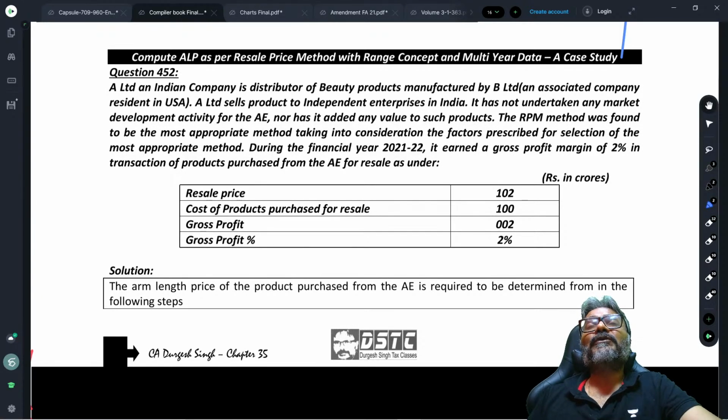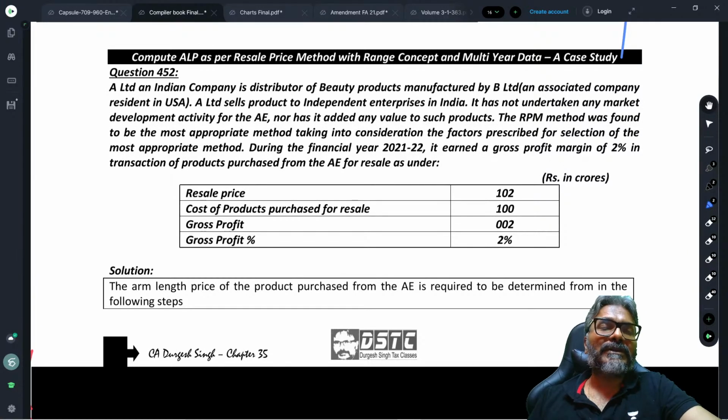But when it comes to the three methods, namely the resale price method, the cost plus method, or the transaction net margin method, the entire game is that of the margin percentage. And as I told you just now, the margin is a function of two factors: the cost and the revenue, that is the sales.